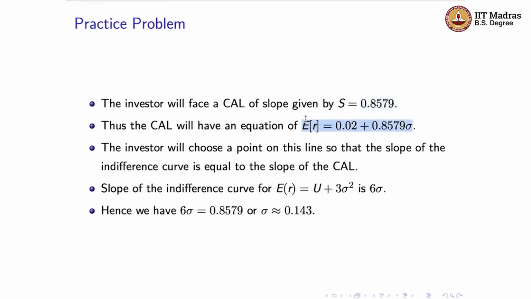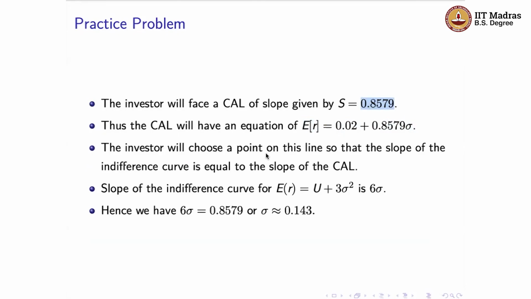In case you don't recall this, I encourage you to go back and see the discussion of the risk-free asset and one risky asset that we have discussed. So it's coming from there. At this point, this is the equation of the line, and we need to know the slope of the line. That is pretty clear. That's equal to 0.8579 because this is a straight line.